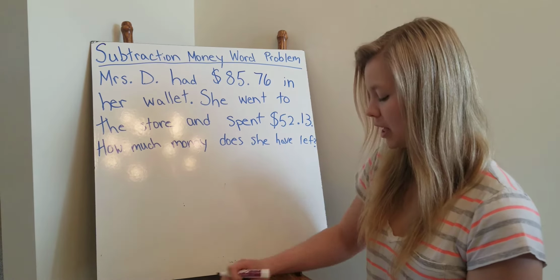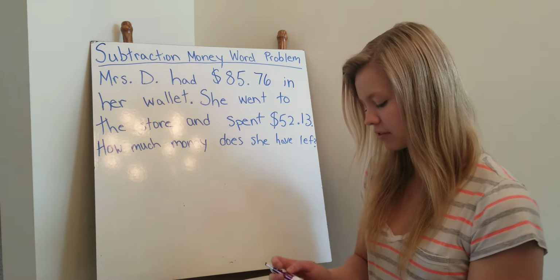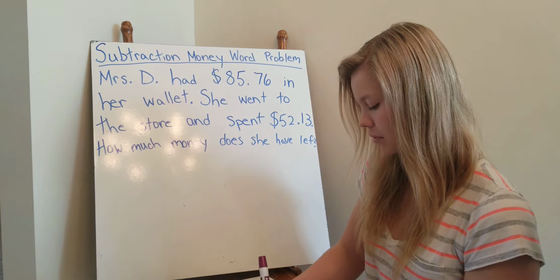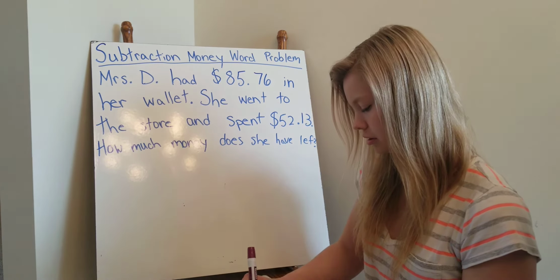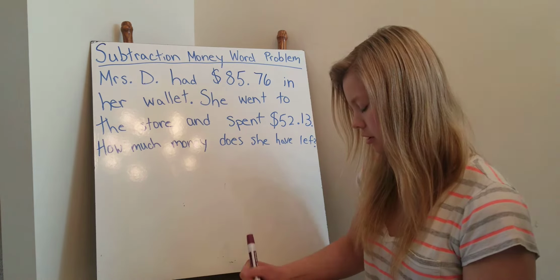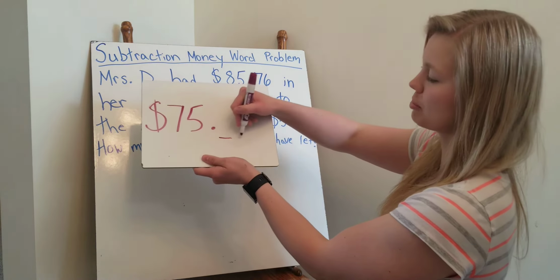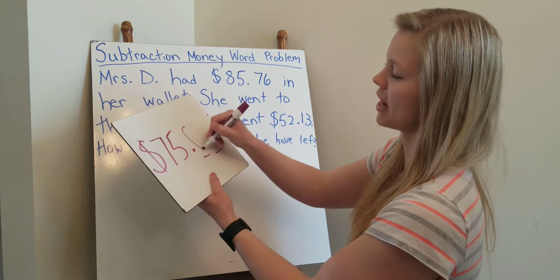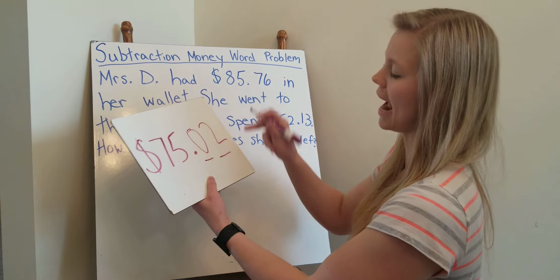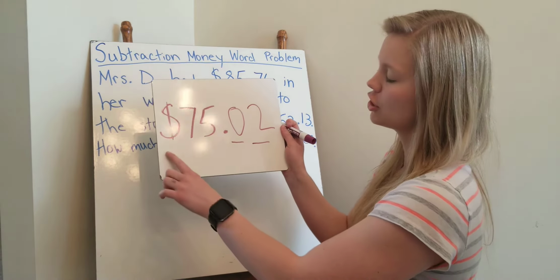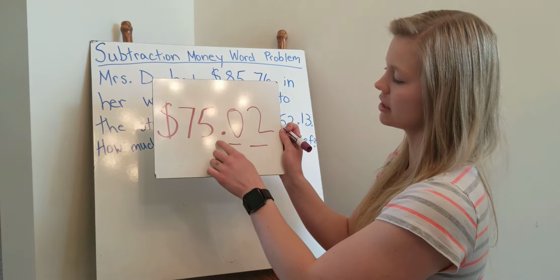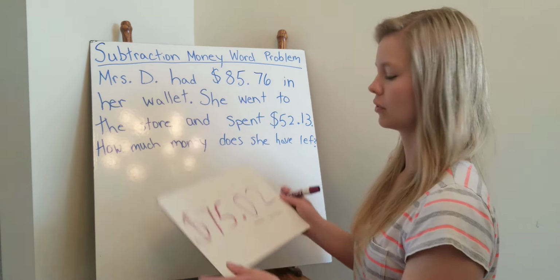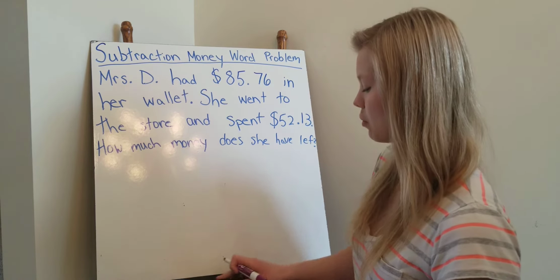Now remember, we always have two numbers after the decimal point. We always have two spaces here. So even if we only had like 2 cents, we have to put a 0 first because we have to have 2 digits there. So this would be $75.02.